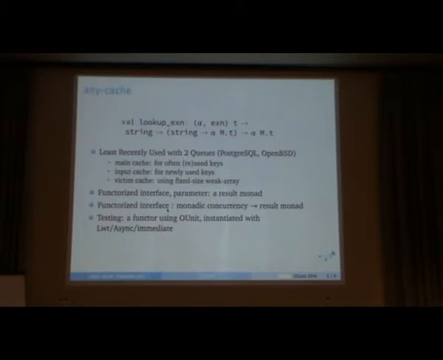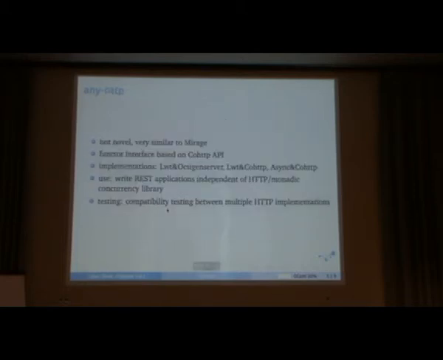Again, this interface is functorized, so you can use either direct style immediately executed code or a monadic concurrency library. What's somewhat different is that the unit tests are themselves a single functor that you can instantiate with all the supported monadic libraries to make testing easier.